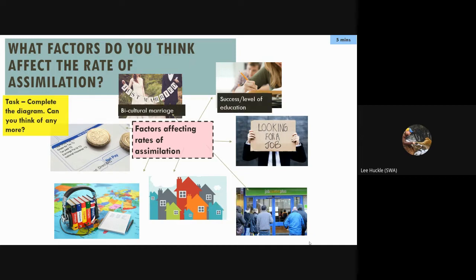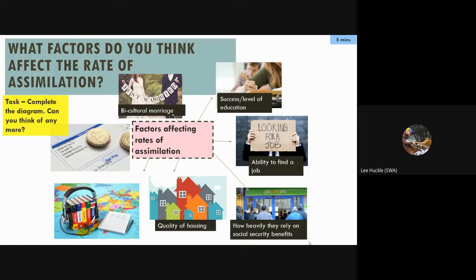Bicultural marriage was a biggie, the level of education, ability to find a job, how heavily they rely on social benefits, which heavily relied upon job availability, the quality of the housing, and the language barriers as well. Oh, sorry, and the average wages. All of those put together, and if you're successful in all of those, I suppose, then you are becoming more assimilated as a migrant.